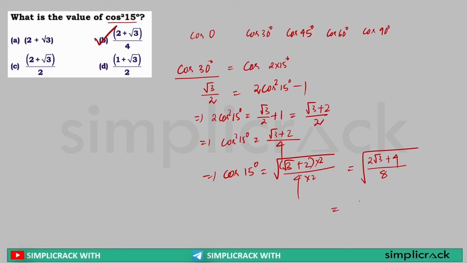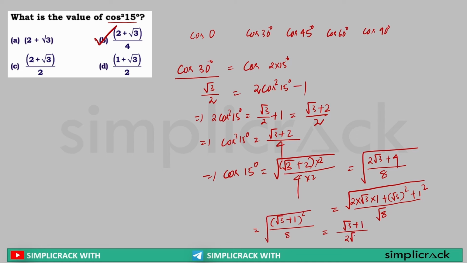Now the upper part can be written as 2 into root 3 into 1 plus root 3 square plus 1 square. Yes or no? Because root 3 square is 3, 1 square is 1, 3 plus 1 is 4, and 2 into root 3 into 1 is 2 root 3, square root of that divided by 8 square root. Yes or no? Yes. Sir, this is 2ab plus a square plus b square. So this whole thing can be written as a plus b whole square divided by 8, square root of that, or this can be written as root 3 plus 1 divided by 2 root 2.